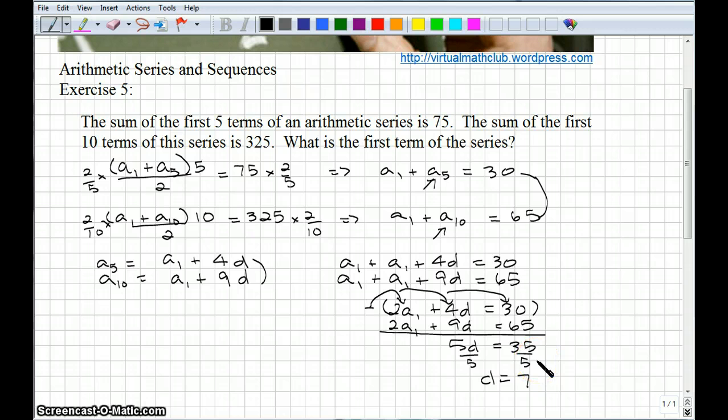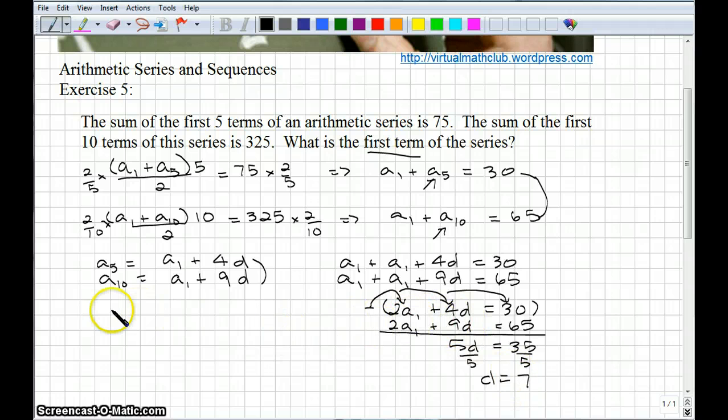Well, we got d now. Although we're not asked for d, we're asked for the first term in the series. Now that we have d, we can take either one of these two equations, put d in, and solve for a1.